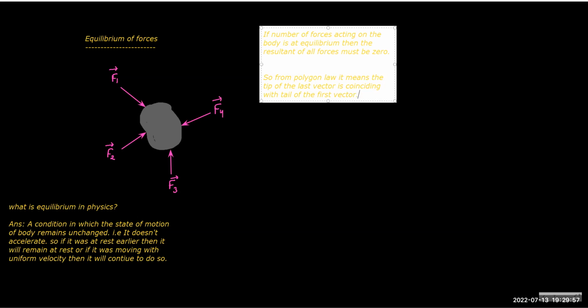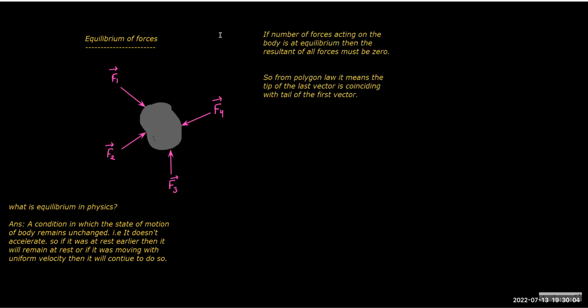So essentially, you cannot draw a line between the beginning and the end because they collapse together, and that is why it always gives a closed polygon.